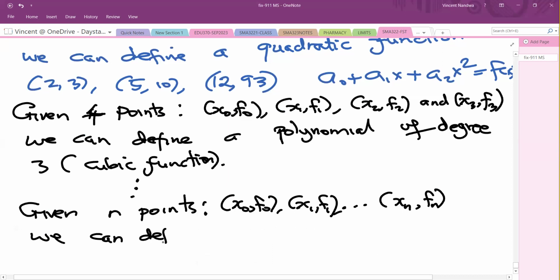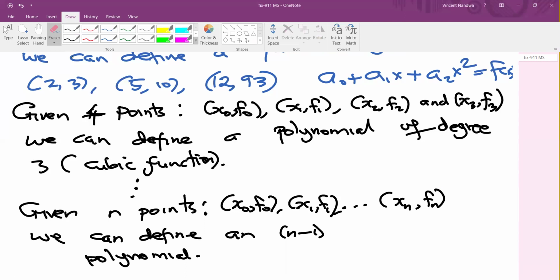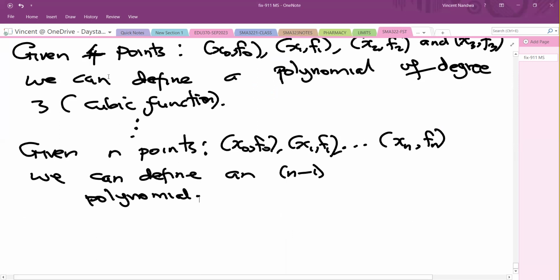So we can define an n minus 1 degree polynomial. Which simply means that if you have been given some arbitrary number of points, then to determine the maximum degree polynomial those points can form, it's simply the number of points given minus 1. So that was just a by the way.